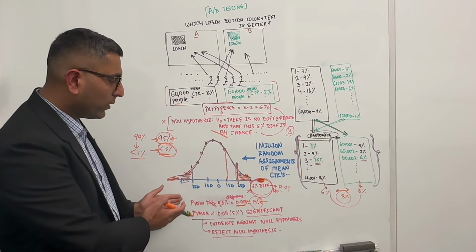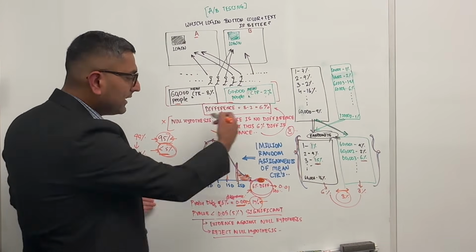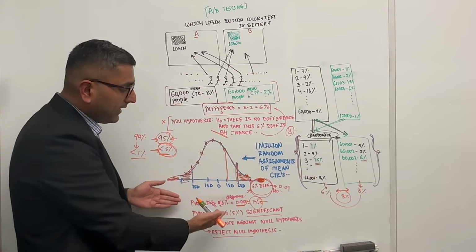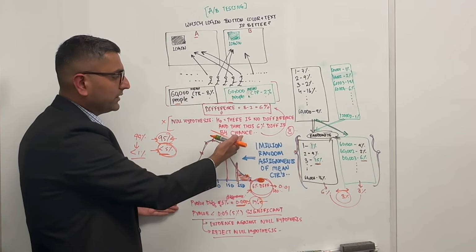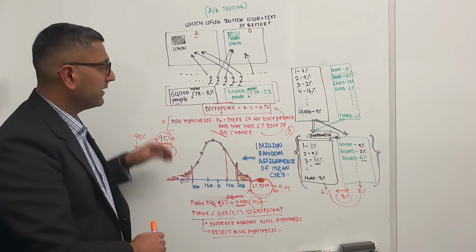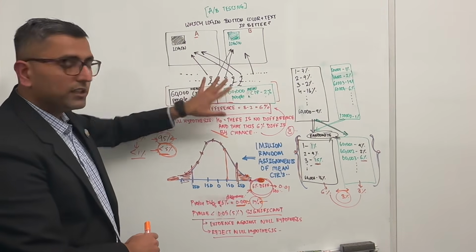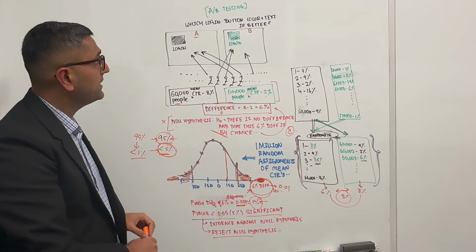You find out the p-value for your observed difference from a million such possibilities, and you could do 10 million. Then you find out this is indeed significant, so you reject the null hypothesis. When you reject the null hypothesis, you say there is indeed significance, and this is much better in terms of click-through rate, and there is indeed a difference between these two buttons. So that's the intuition behind A/B testing.